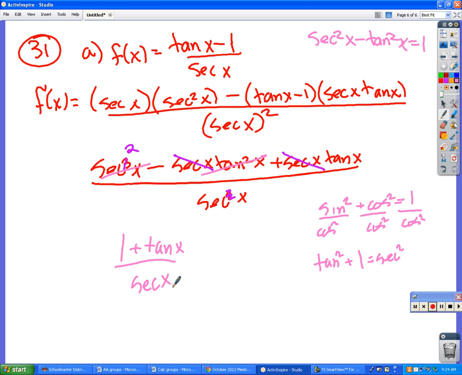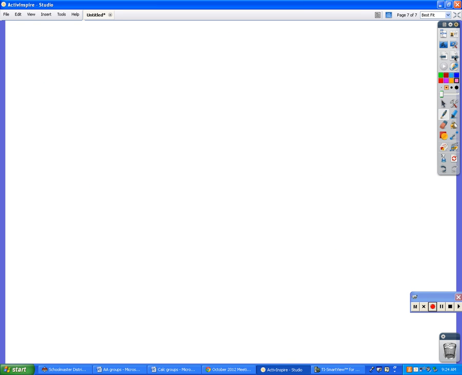Okay, you ready for part B? All right. Part B says, hey, let's do this derivative in a different way. Let's take tangent of x minus 1 over secant of x and change it all into cosines and sines, and then take the derivative from there. So what is tangent in terms of cosines and sines? Some people might say it's sine over cosine.